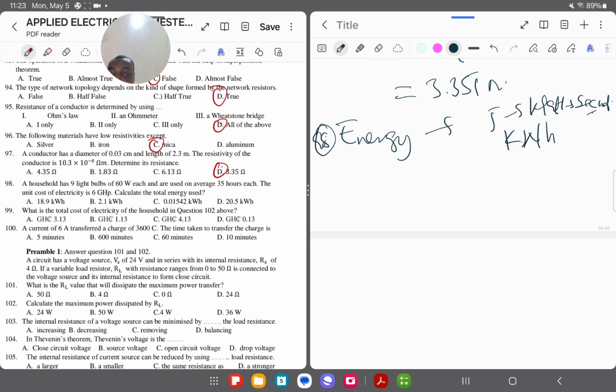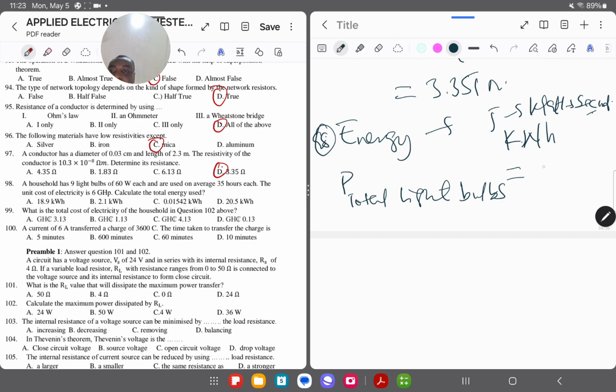So in the household, we have 9 bulbs of 60 watts each. So I can get the total power of the light bulbs.